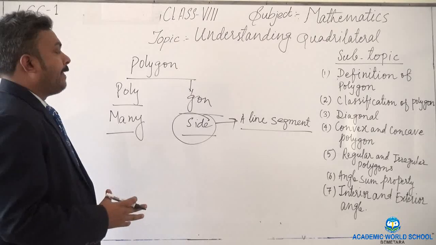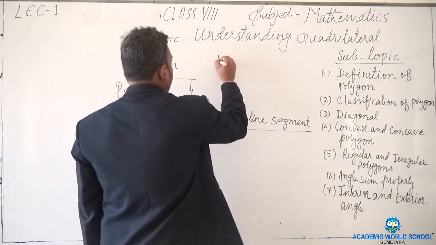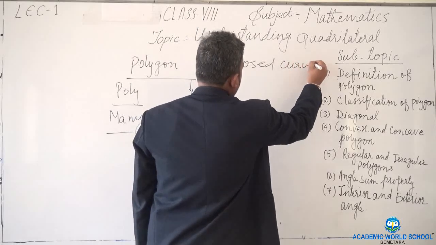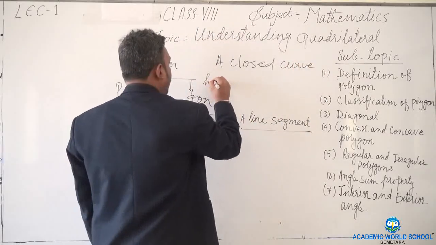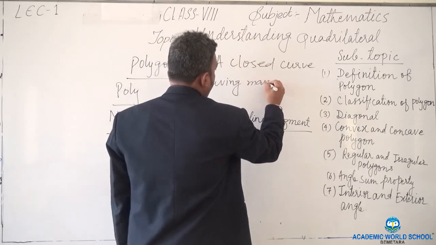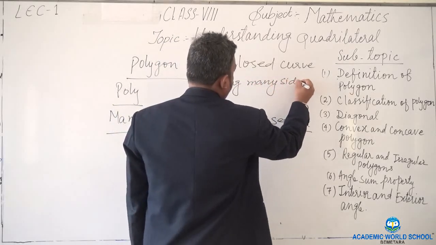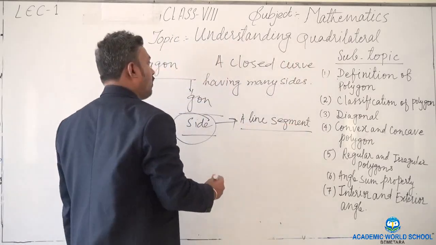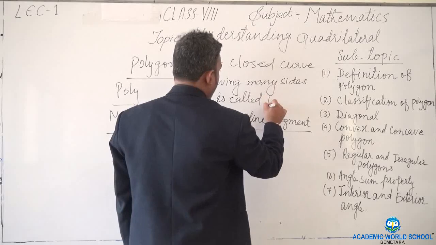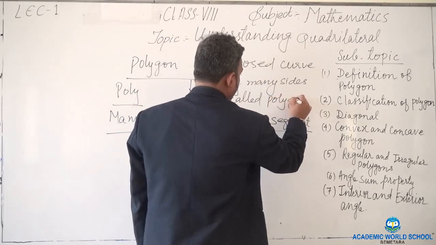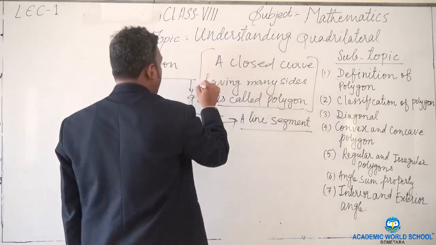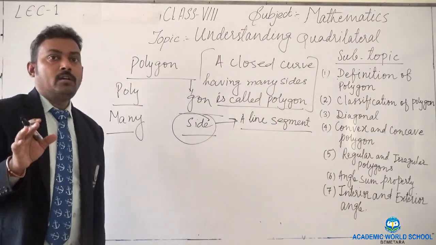So a closed curve having many sides is called a polygon.